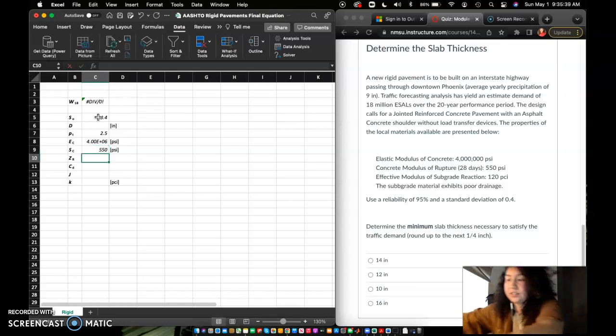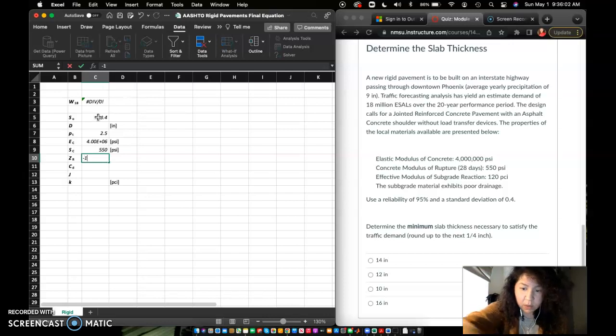My ZR is going to be from table 11.15, 95% equals minus 1.645.